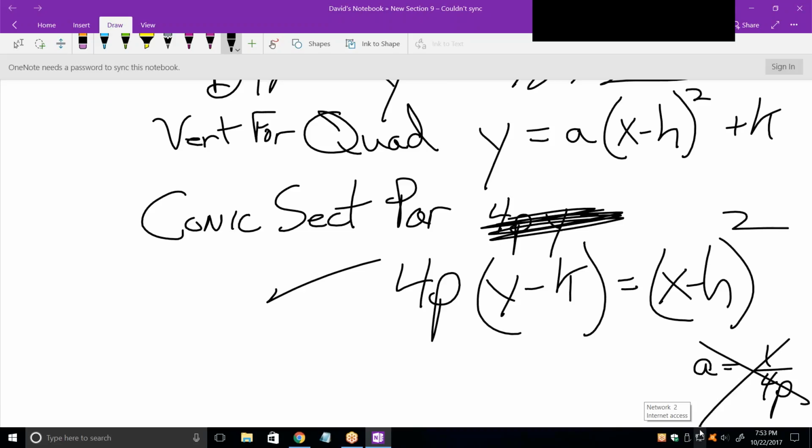Now, not every school teaches this format, the one that I just checked. Some leave it in vertex format and just let you know that P equals 1 over 4A, which is the same as A equals 1 over 4P. But if you want to solve for the focus, just use that formula.